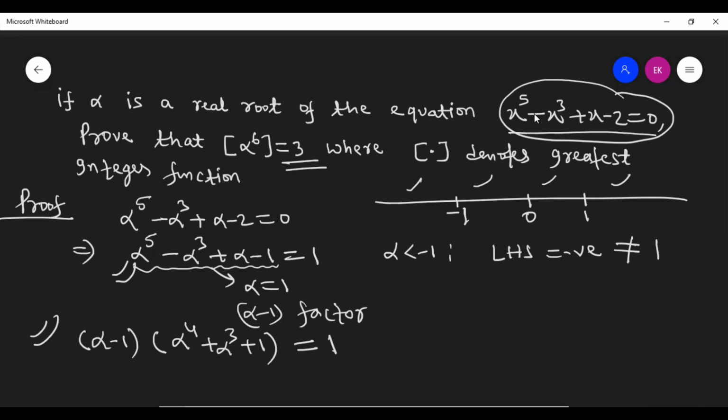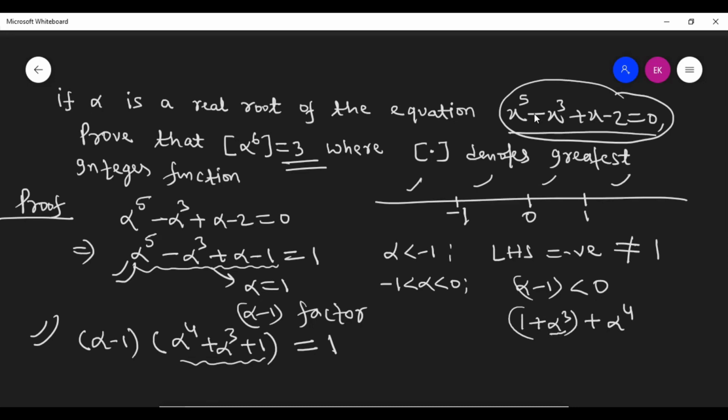Okay, the second case is alpha in between minus 1 and 0. Here you can observe that alpha minus 1 is negative, obviously, and the second bracket is 1 plus alpha cube plus alpha to the power 4.